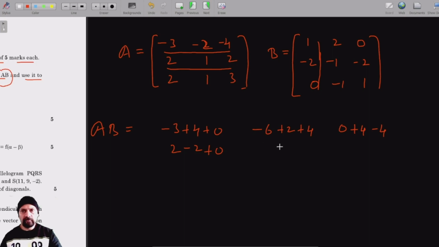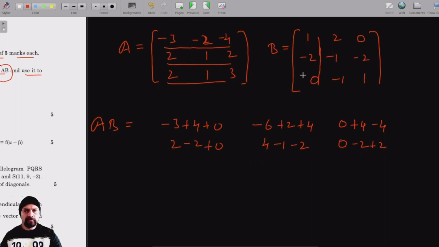Then 2 into 2 is 4, 1 into minus 1 is negative 1, 2 into minus 1 is negative 2. 2 into 0 is 0, minus 2, and 2 into 1 is 2. Now third row and all the columns. 2 into 1 is 2, 1 into minus 2 is minus 2, 3 into 0 is 0. 2 into 2 is 4, 1 into minus 1 is minus 1, 3 into minus 1 is minus 3. 2 into 0 is 0, 1 into minus 2 is minus 2, plus 3.